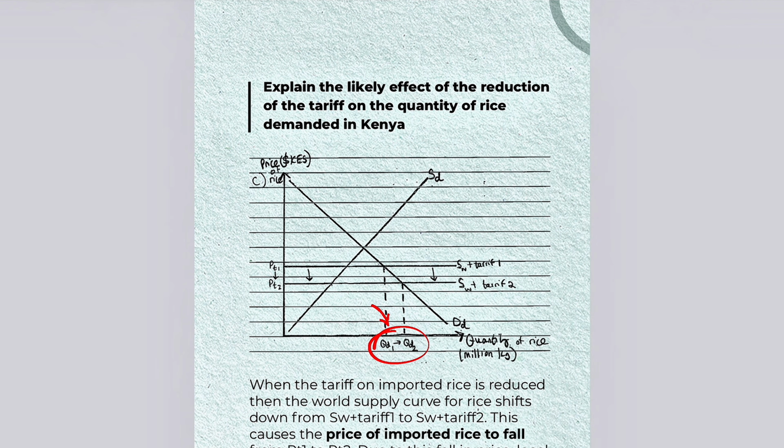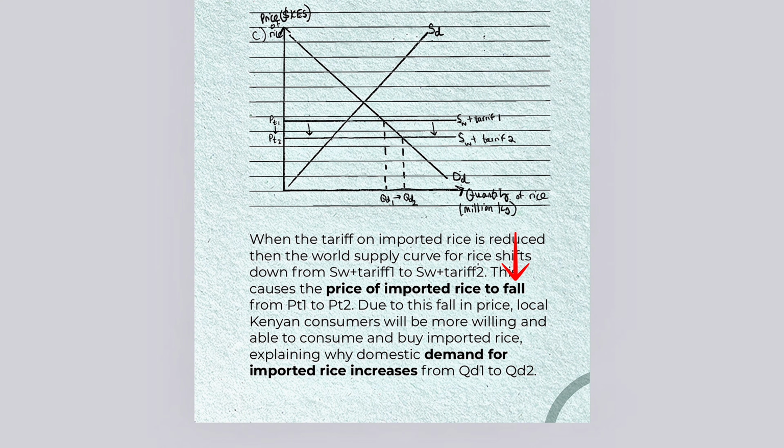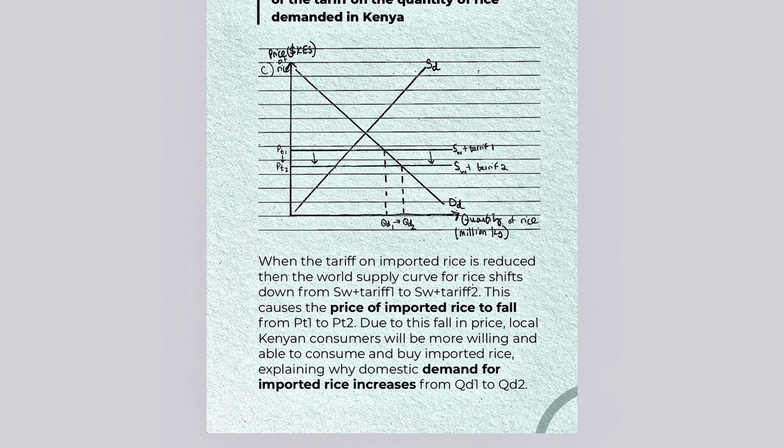So only this part of the diagram is required. The explanation of this diagram also has a cause and effect. Due to the reduction of the tariff, the price of imported rice is to fall. Subsequently, the demand for imported rice increases. This candidate has chosen to use the diagram labels to enhance their explanation.